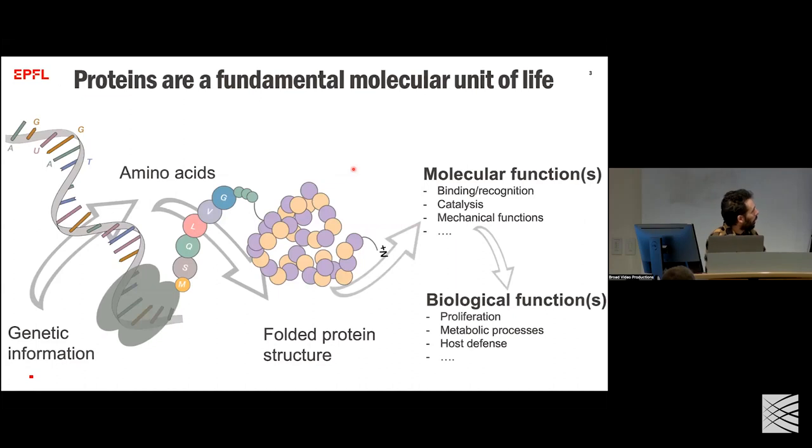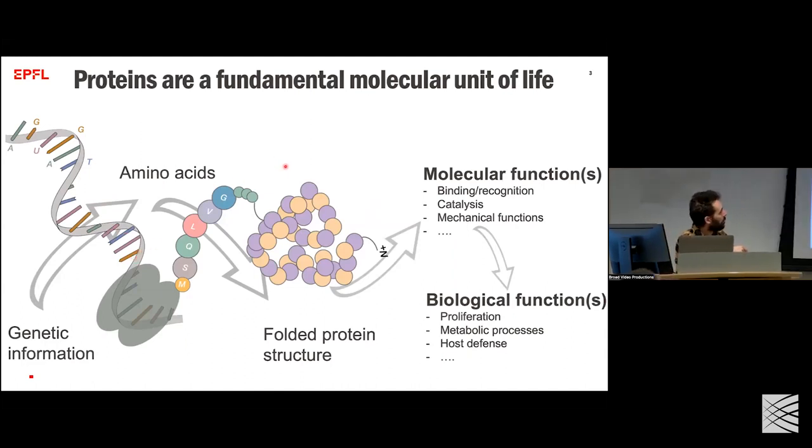Okay, just to get us in the mood, I'm sure that many of you are aware of what proteins are, but ultimately they are the fundamental molecular units of life, and they perform a lot of functions. All this slide will try to convey is that information about the proteins used in nature is encoded in the genetic information in our genomes, and this genetic information gets translated to amino acids.